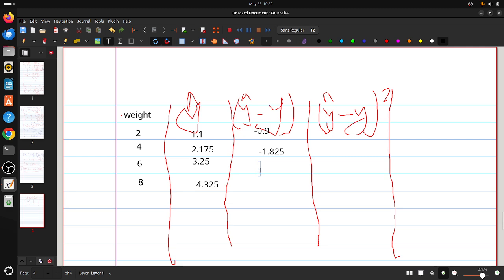It is a negative 2.75, right? And this is 4.325 minus 8, to be a negative 3.675, right?